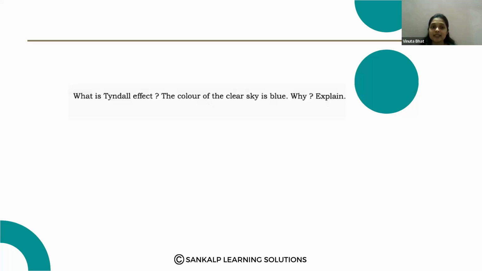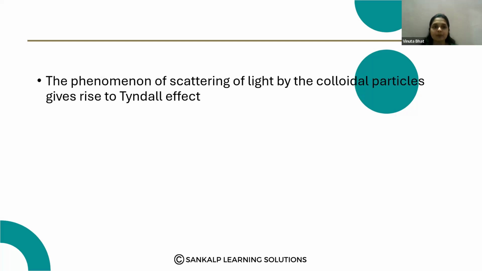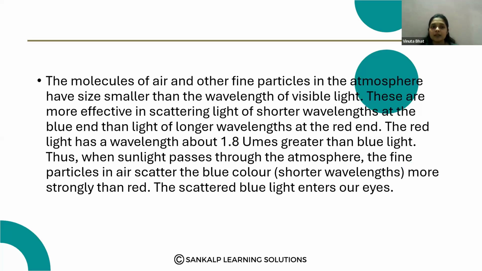Next question, what is the Tyndall effect? The color of the sky is blue. Why? Explain. This is also a 3-mark question from the model question paper. The phenomenon of scattering of light by colloidal particles gives rise to the Tyndall effect. The molecules of air and other fine particles in the atmosphere have size smaller than the wavelength of visible light.